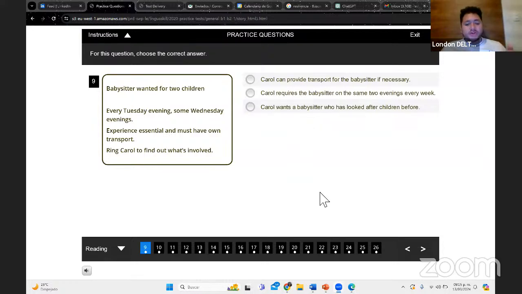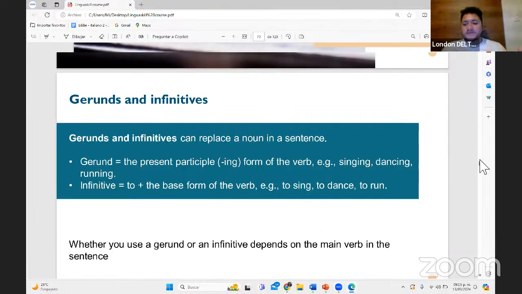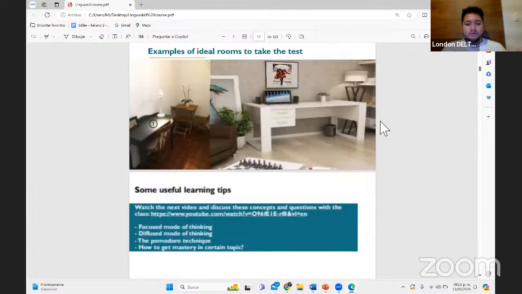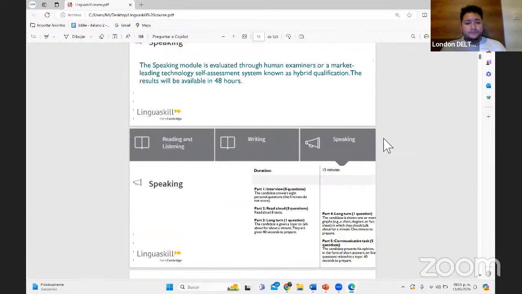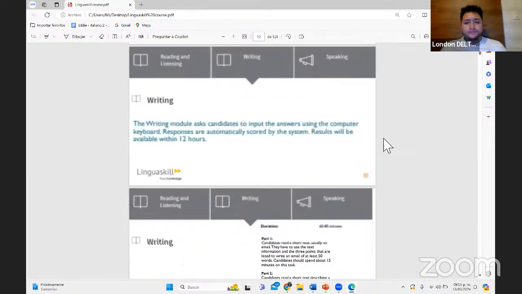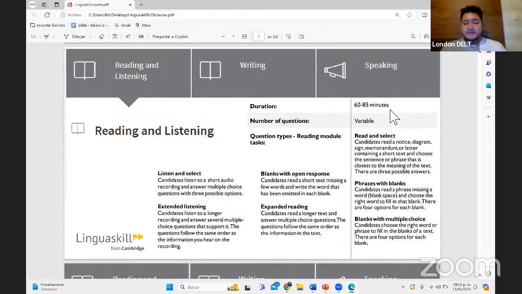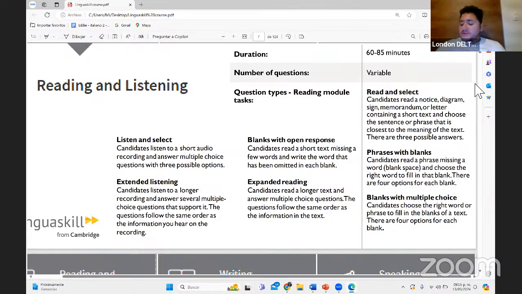This kind of question, like we checked yesterday, is called read and select. What do we have to do in this activity?